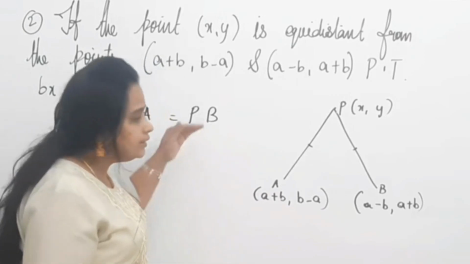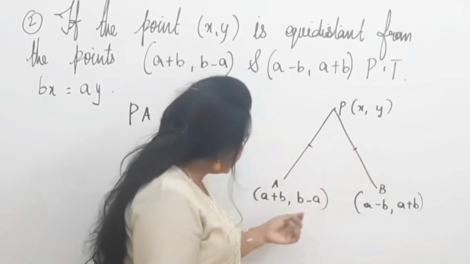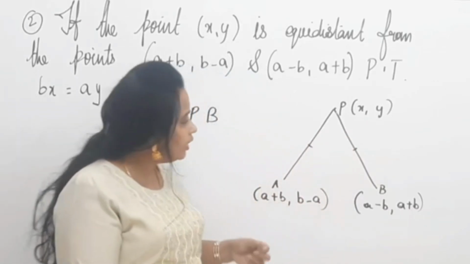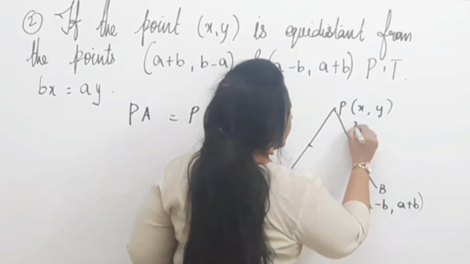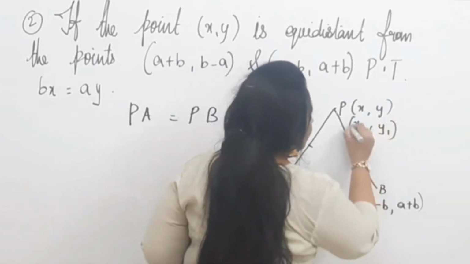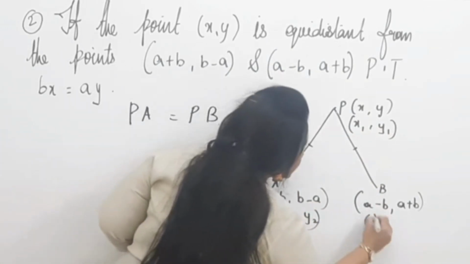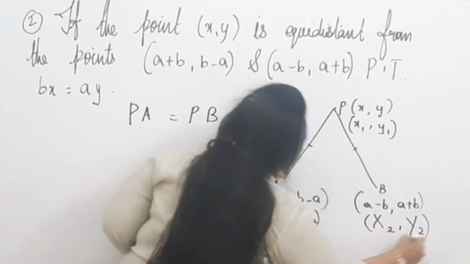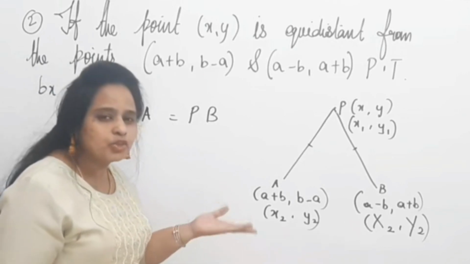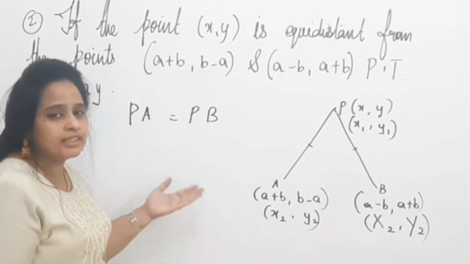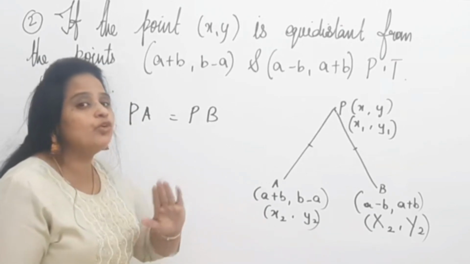The next hint, like this type of question, when you are given x, y, that is unknown coordinates, and the known coordinates are given, please mention this unknown coordinate as x1, y1, and this as x2, y2, and then this is caps X2, caps Y2. This is the hint here. And why are you writing caps X2, caps Y2? We have not studied caps X2, caps Y2 in our equation. So this will help you not make the mistake.